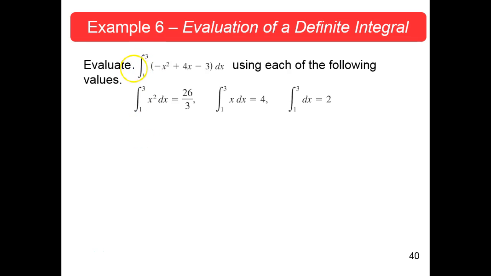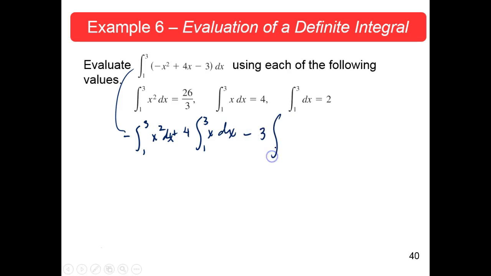If you break this down, you have minus the integral from 1 to 3 of x squared dx, plus 4 times the integral of x dx from 1 to 3, minus 3 times the integral of dx. Would you buy that?